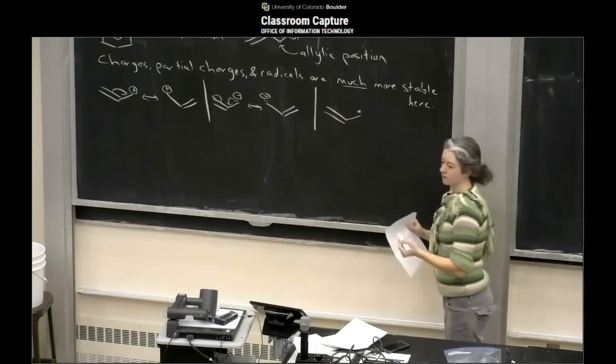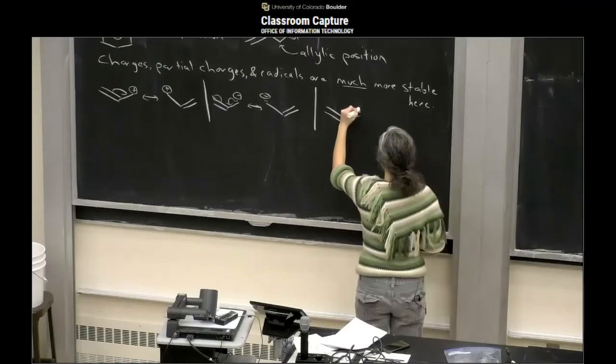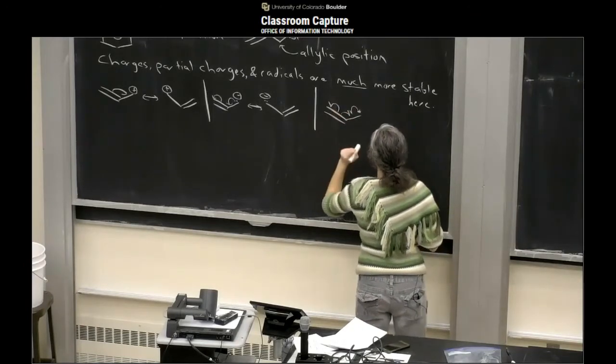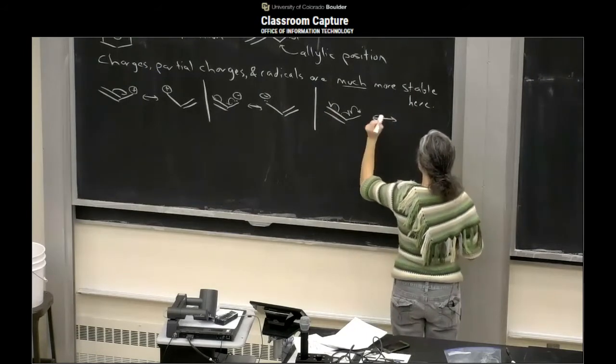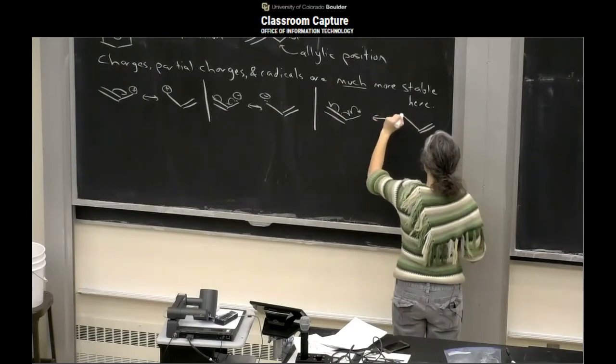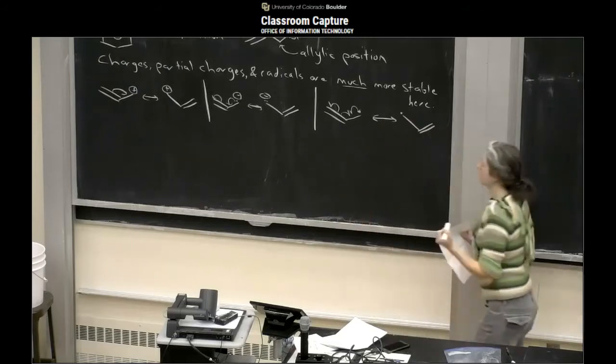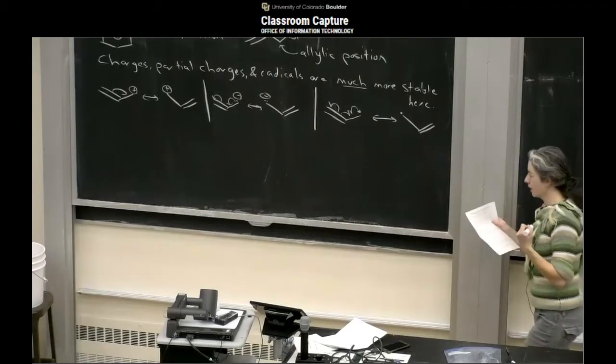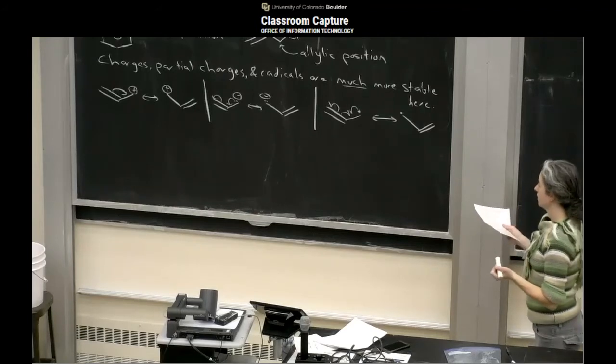Again, arrow pushing looks a little different because here you've just got one electron and you have to get the other out of the pi bond. But same overall change. Okay, so we've seen that in at least a couple different places so far.